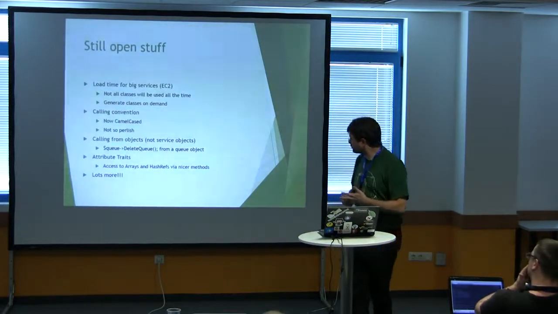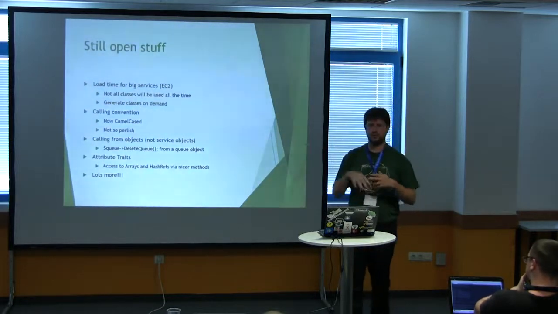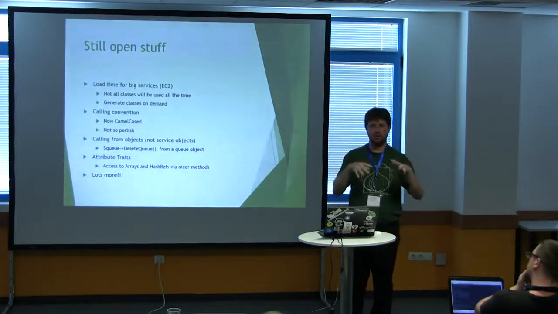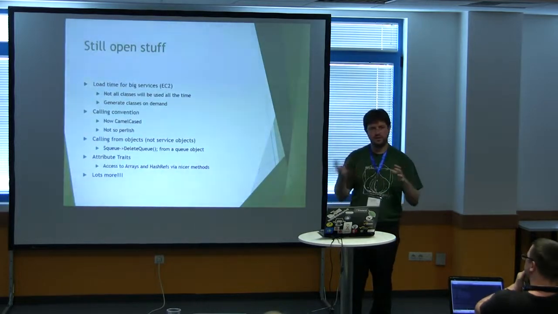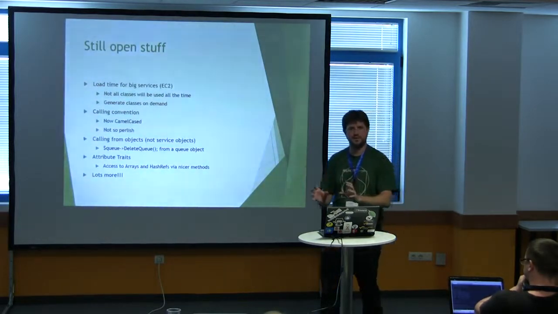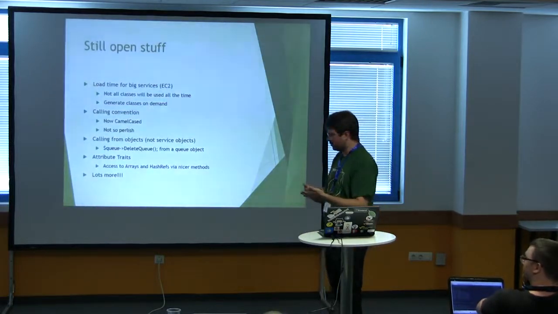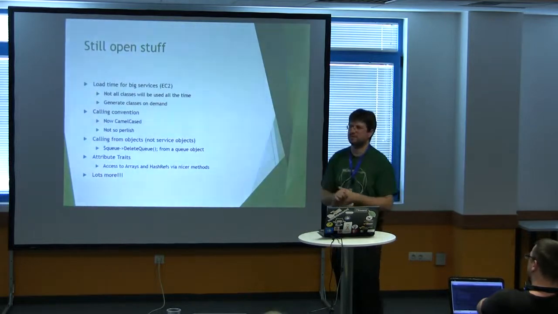I also want to add attribute traits, the Moose attribute traits, so that when you treat lists you do it in a more abstract fashion. That would be good because if we change implementations, we can conserve the behavior. And of course there's lots and lots more.